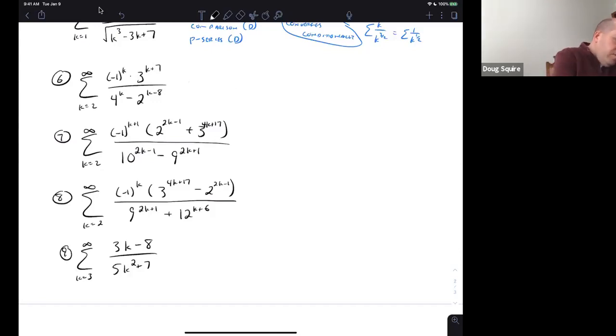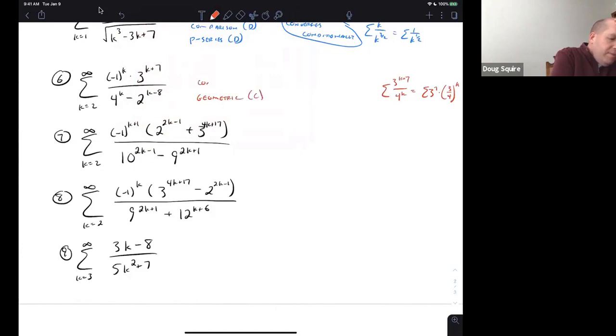Okay, so when we're doing these, on the first one, when you get over to the right, you're going to end up with 3^k over 4^k, which means the 3^(k+7) over 4^k, which means you're going to get 3^7 times (3/4)^k. And so that's going to be a geometric series that converges.